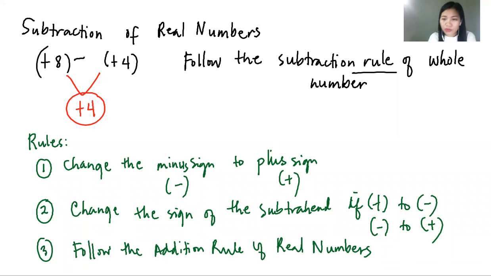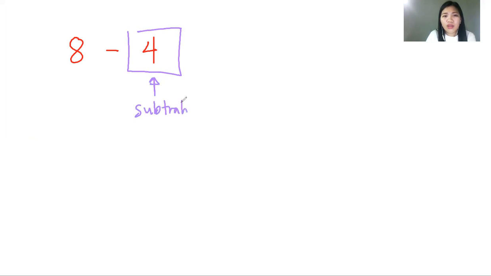For example, here we are going to write 8 minus 4. This is what you call the subtrahend. We will change the sign.